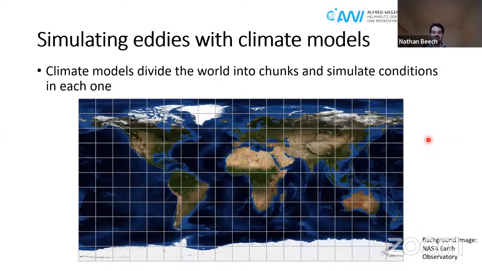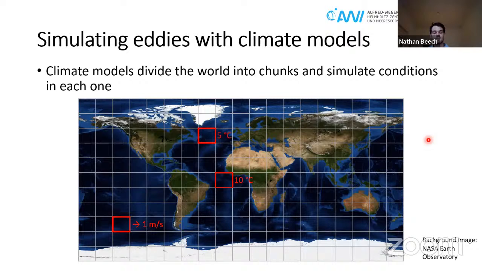So now let's start to talk about climate models, because that is how I'm going to bring climate change into the picture here. One of the things that climate models do in order to simulate the whole world is to divide the world into smaller chunks and then simulate conditions in each chunk in order to define the world as a whole. So climate models might say that in this box here, it's 10 degrees Celsius today.